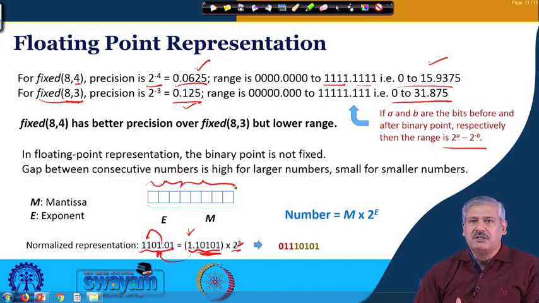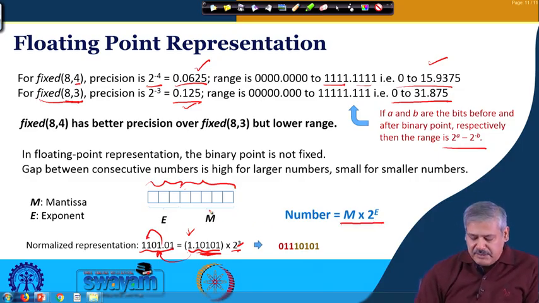We have not discussed yet the negative number or the sign, that part will come later. So, here we are talking about the magnitude part only. The number will be represented in this form, m into 2 to the power e, where m is the mantissa part, that is what comes after the fractional point when a 1 is present just before the binary point, and the number of shifts required defines the exponent. Okay.